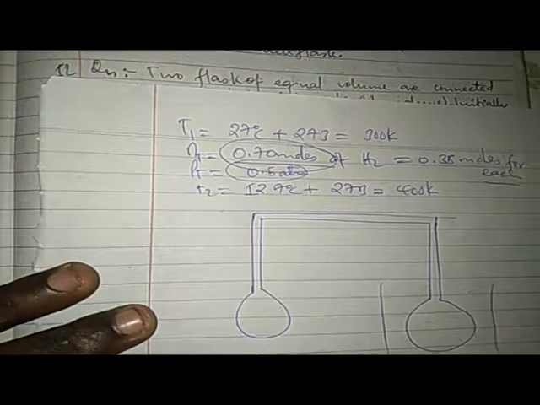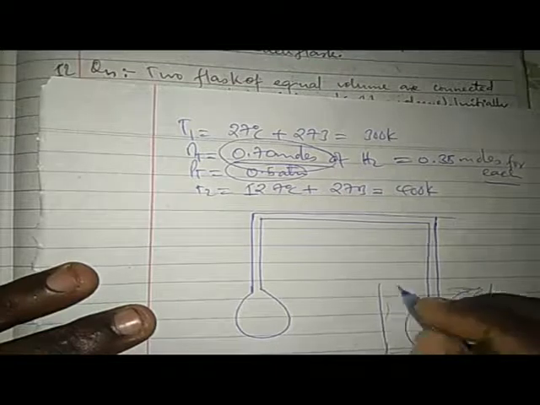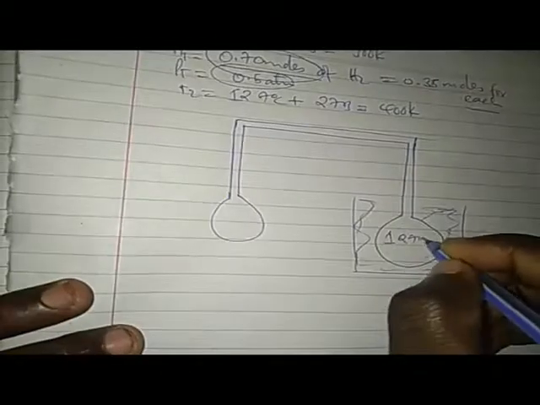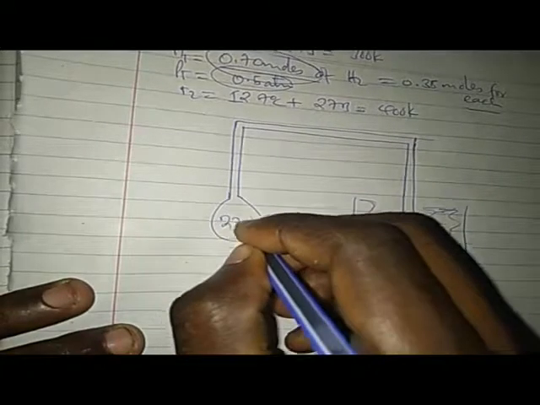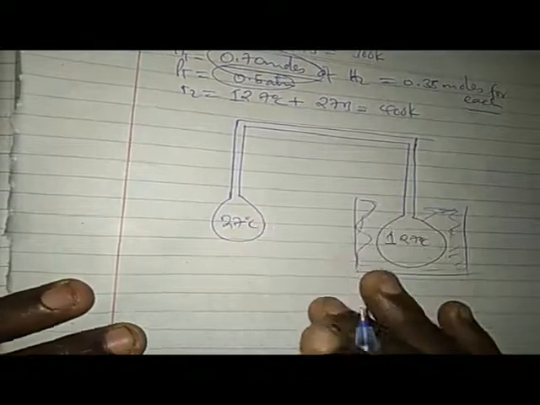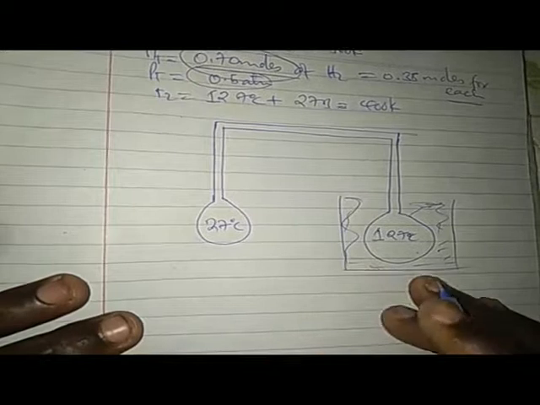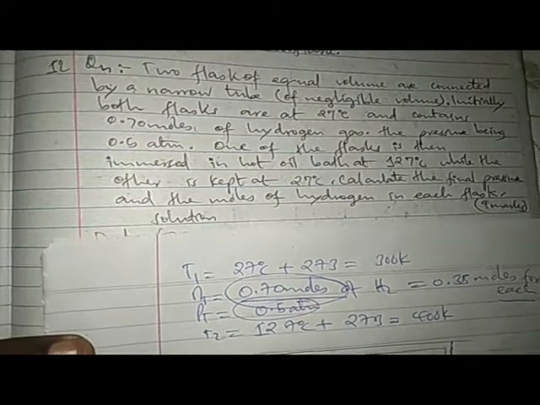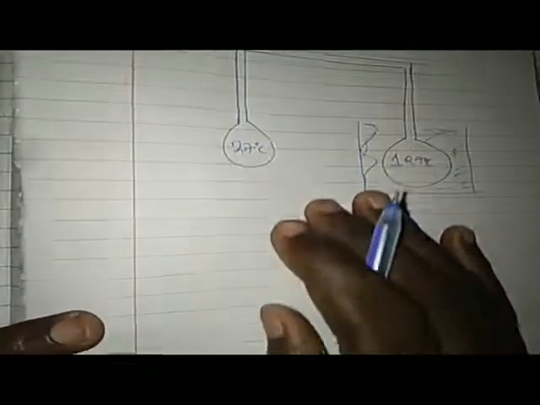One of the flasks here is immersed in the hot water bath at 127 degrees Celsius, and here is 27 degrees Celsius. Now let's go. First, what are we required to calculate? Calculate the final pressure and the moles of hydrogen.